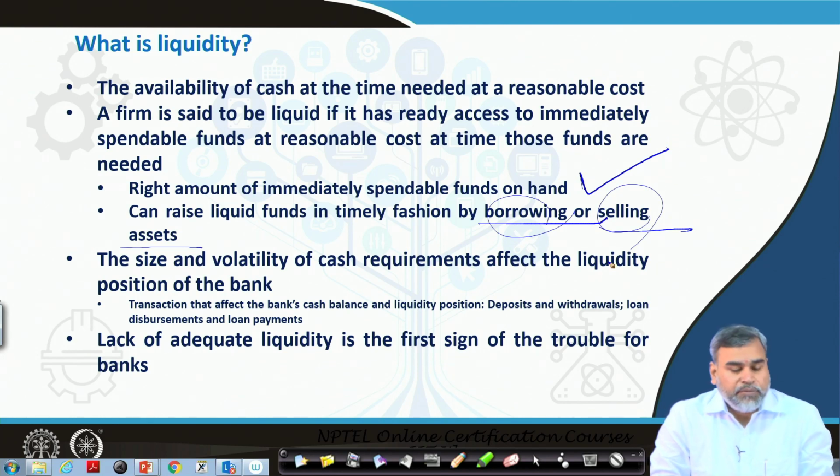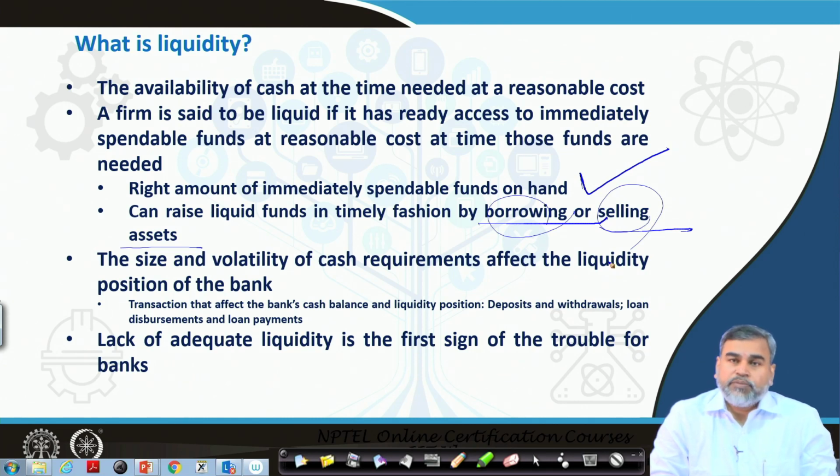So, here if you see, the size and volatility of the cash requirement affect the liquidity position of the bank. How much liquid cash is required, and how frequently this requirement is changing. What is the volatility?